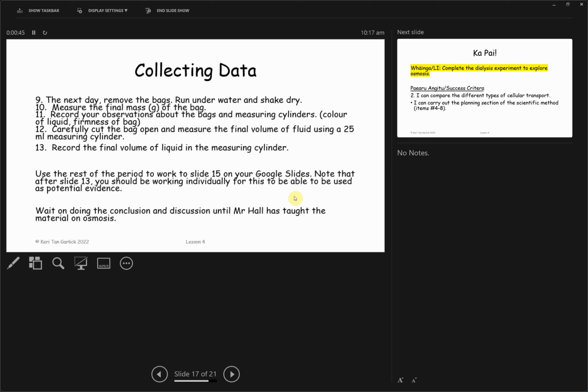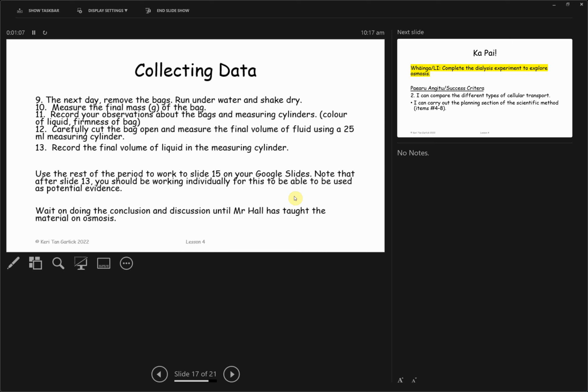The other thing you need to do is record observations about the bag and the measuring cylinder. So, what is the color of the liquids in both the bag and in the measuring cylinder? The firmness of the bag. The other thing you're going to be measuring is your final volume of liquid.